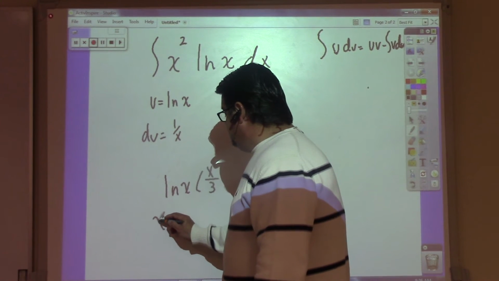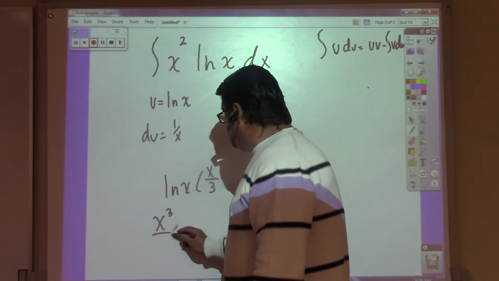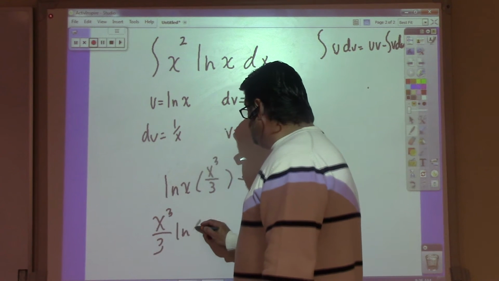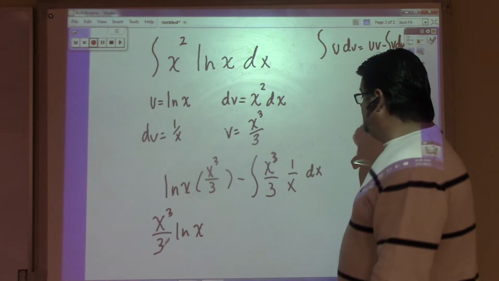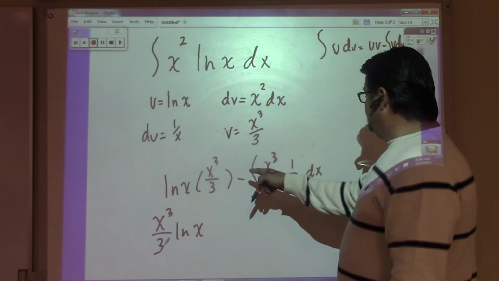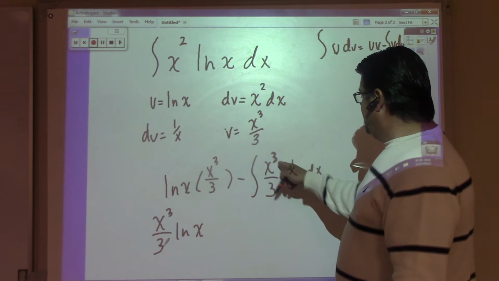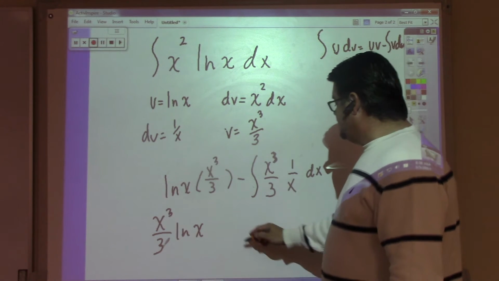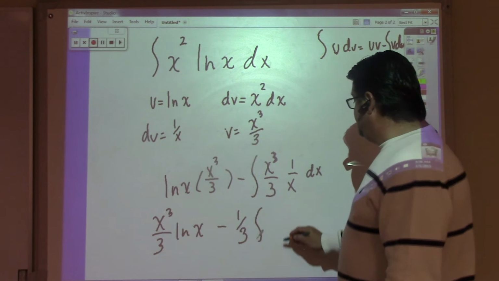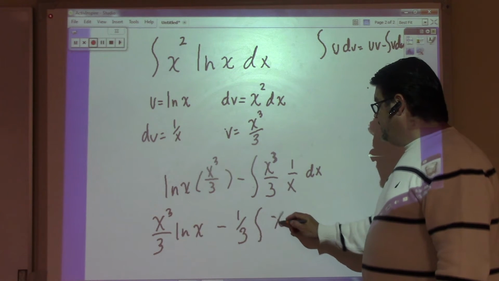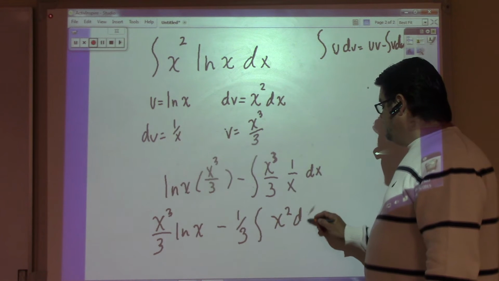X to the third over 3, natural log of x. Well, I'm going to pull the 1/3 out and go ahead and cancel that x. That'd be x squared. So minus 1/3, the antiderivative of x squared dx.